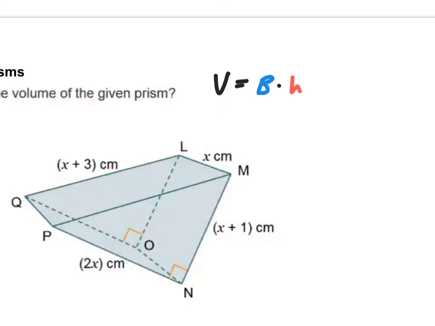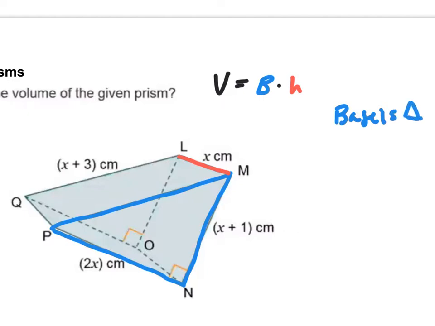I'm going to quickly come over here and highlight where my base is, and then denote my height. My base is a triangle, so the area of that base is going to be base times height divided by 2, or we could write that as 1/2 times base times height.